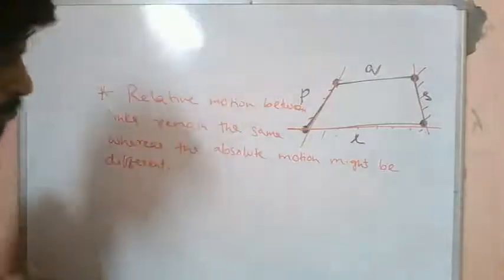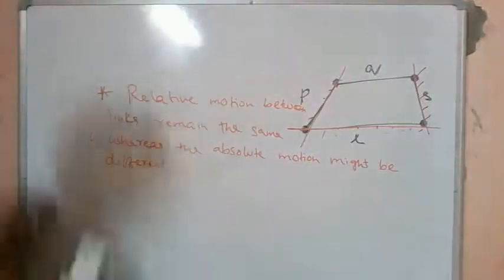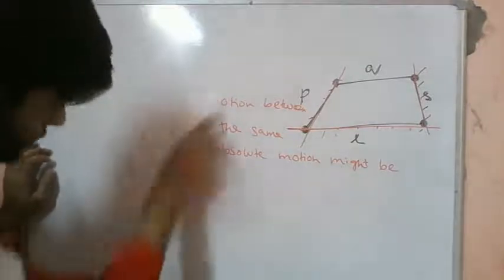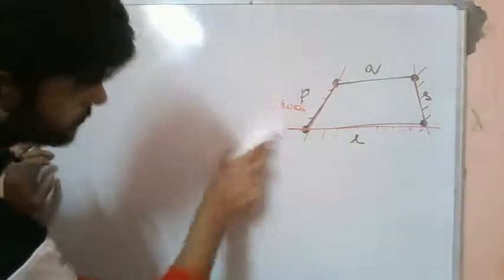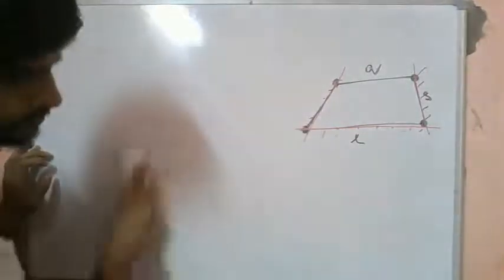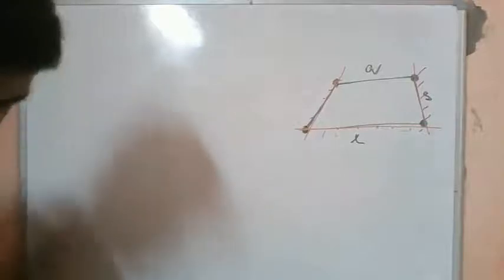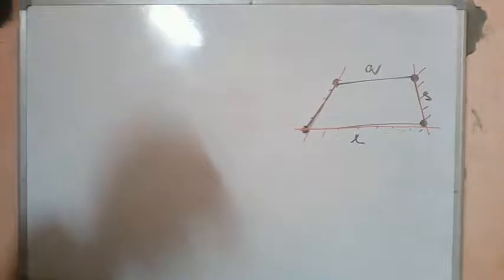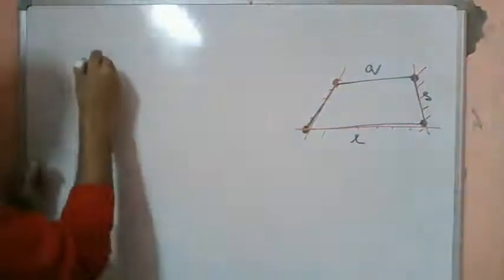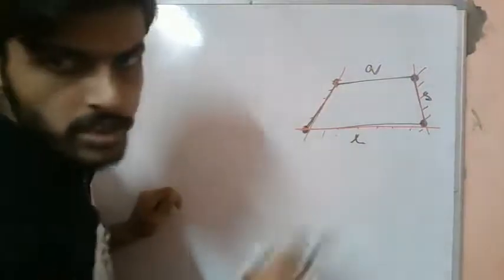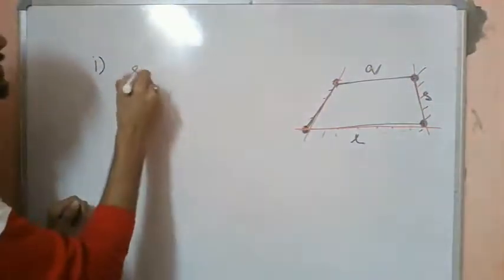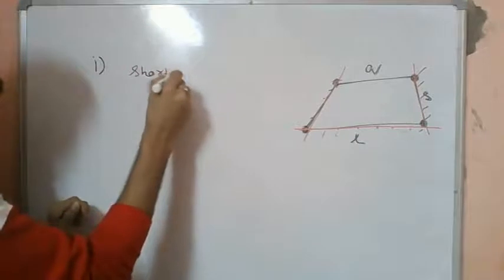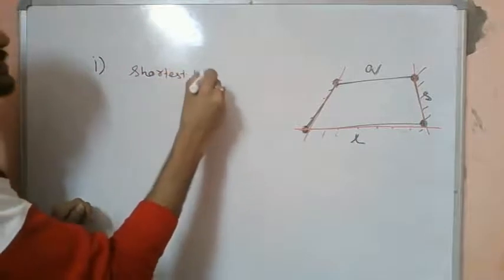Okay, so now let's see the application of Grashof's law. Let's say for the first case, we fix S, the shortest link.